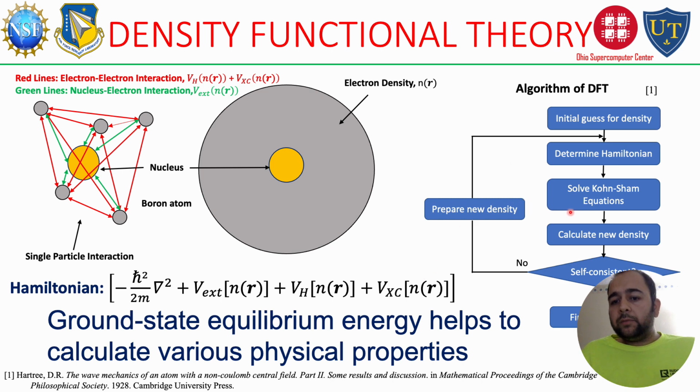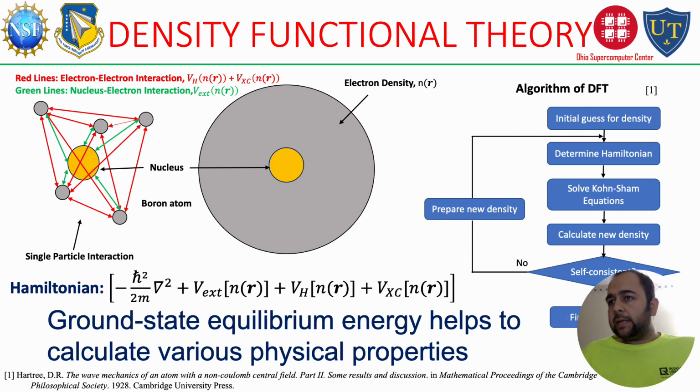After that we have to solve the Kohn-Sham equation, which is the modified Schrodinger equation. It's basically an eigenvalue problem, and we get the new density after that, and we keep on iterating that new density until it converges up to a certain point, and then finally we get the energy.